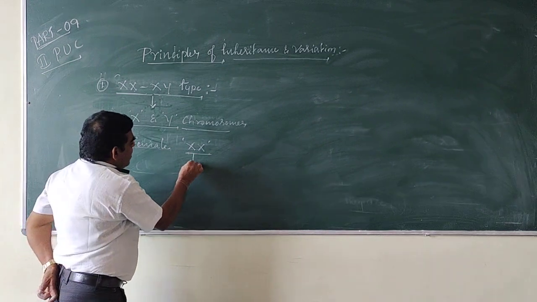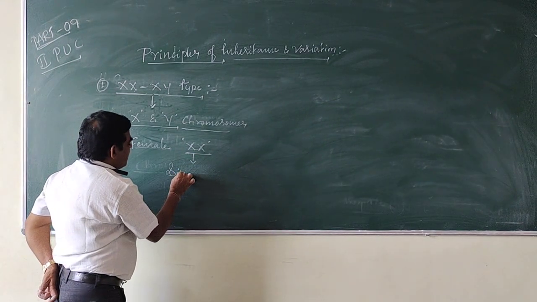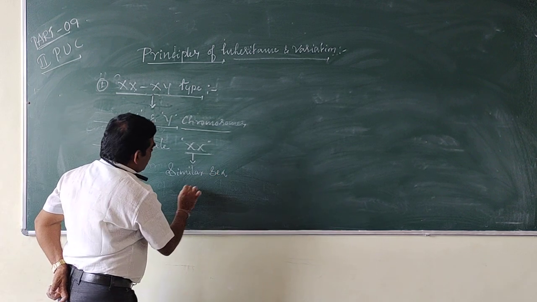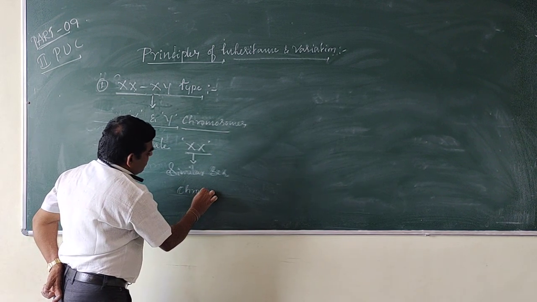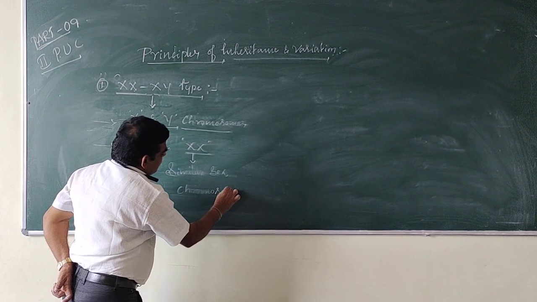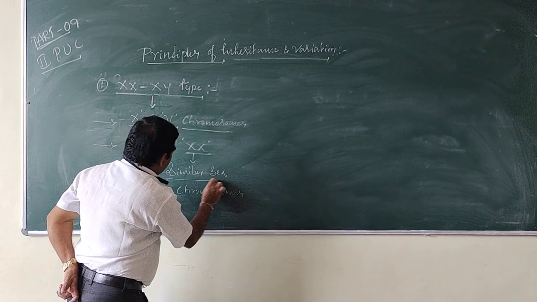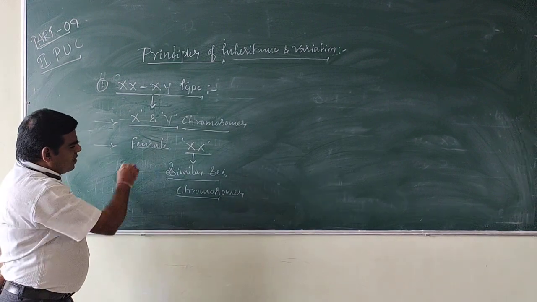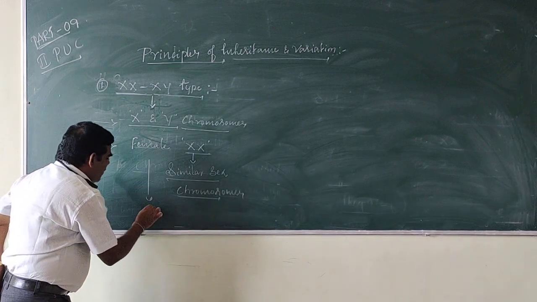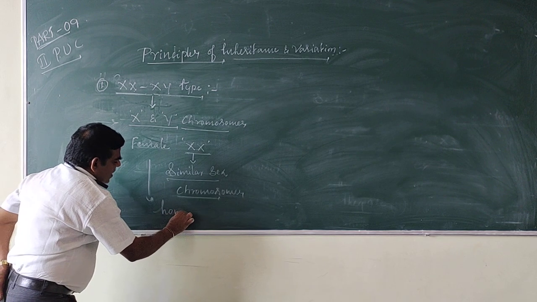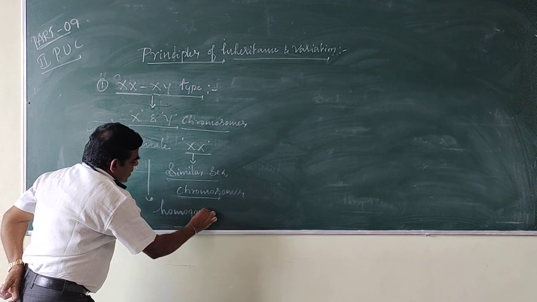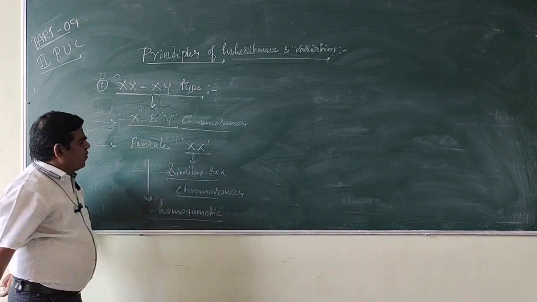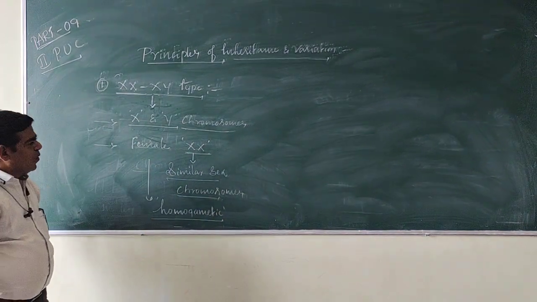Hence, they are called similar sex chromosomes. Hence, the female is called homogametic.